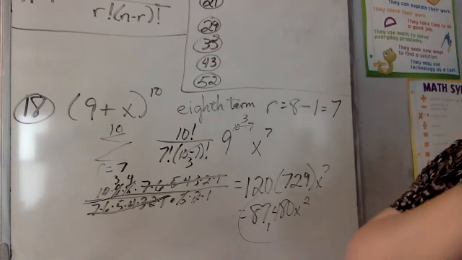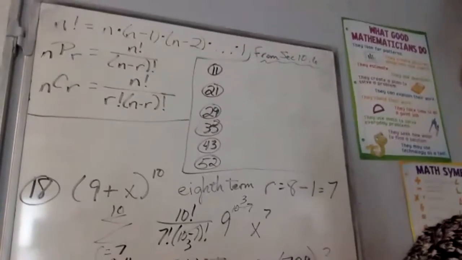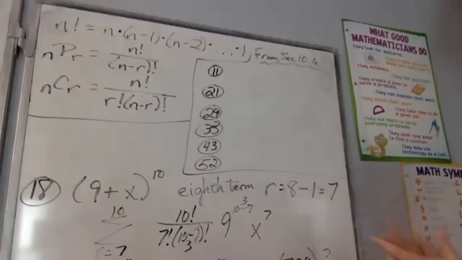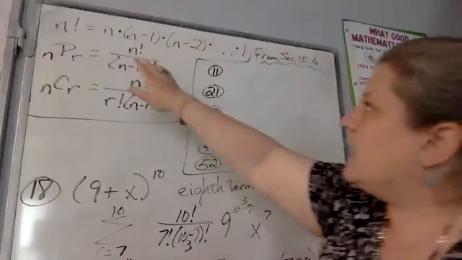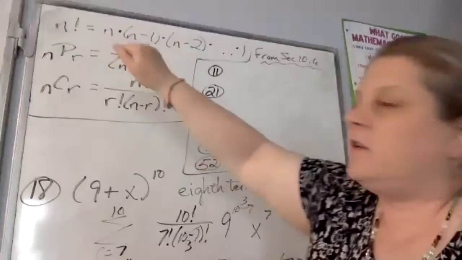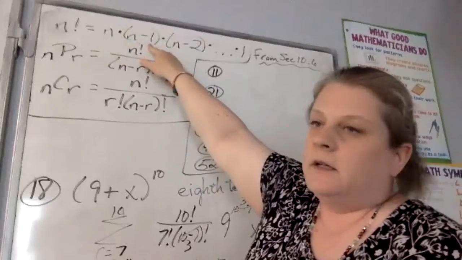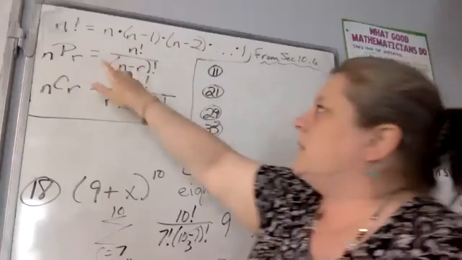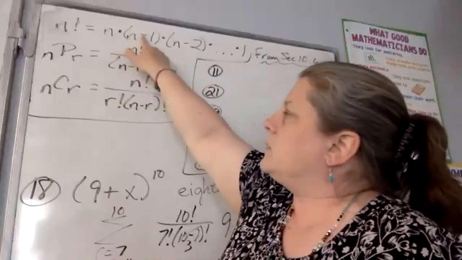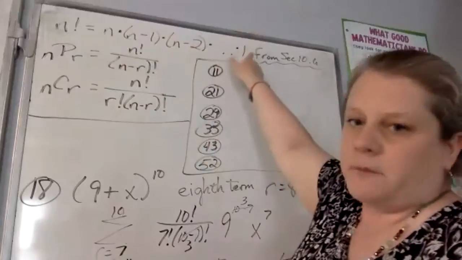Now, up here at the top, I have kind of a review of the 3 formulas that we did yesterday. Okay, we have factorial, which means you have that number times the number before it, times the number before it, all the way down to 1. So if this was 5, 5 minus 1 is 4, 5 minus 2 is 3, so it's 5 times 4 times 3 times 2 times 1.